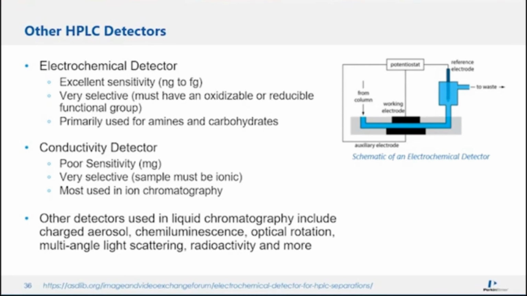The conductivity detector requires ionic samples, but suffers from poor sensitivity. This mode is most commonly used in ion chromatography. Other detectors that you can use for liquid chromatography include charged aerosol, chemiluminescence, optical rotation, multi-angle light scattering, radioactivity, and many more.